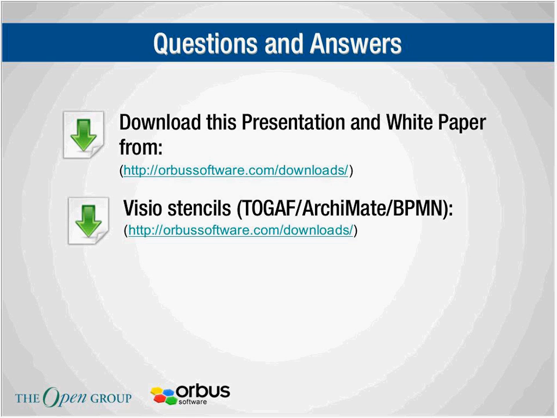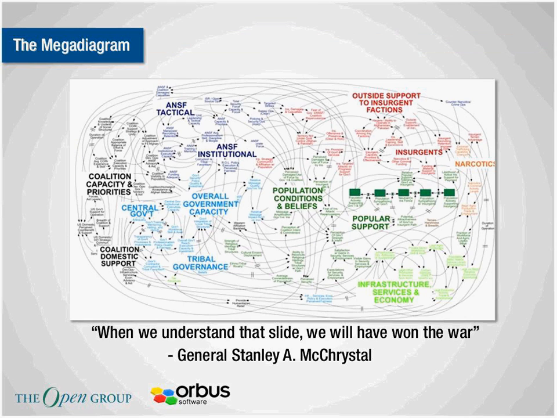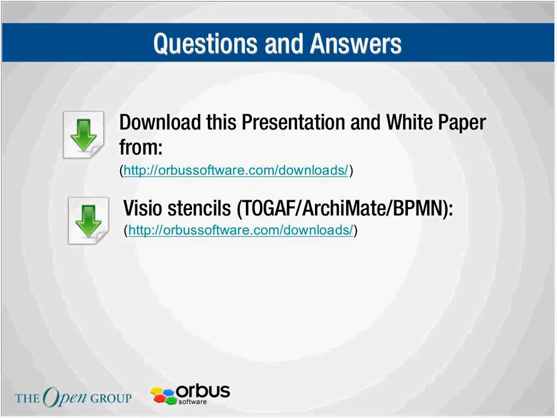The reasoning for that is, A, nobody wants to hold up a huge, great piece of paper, and B, what kind of information do you have that you need to fit into such a large diagram? Be wary of the mega diagrams, where the only useful thing about the diagram is that it conveys how complex the situation is. That's fair enough. I would say down to A3 or 11 by 17.